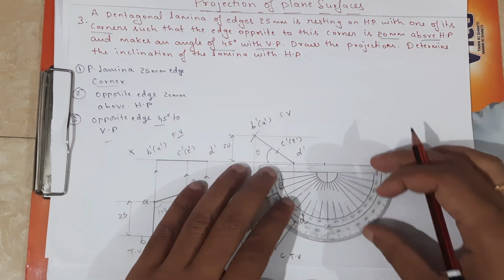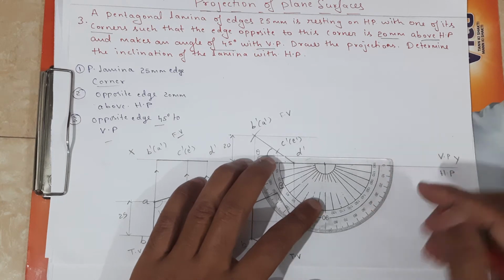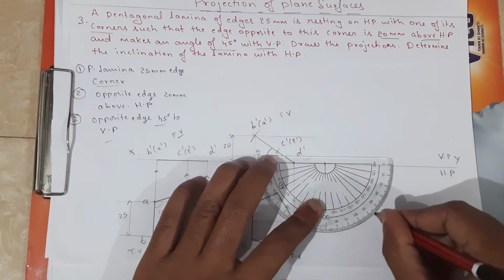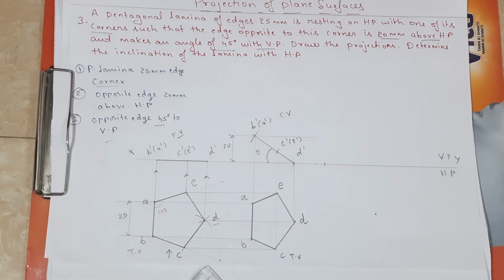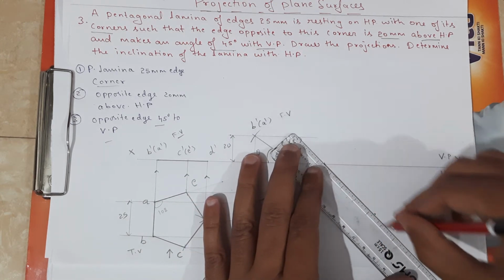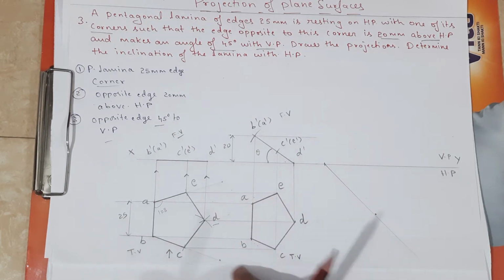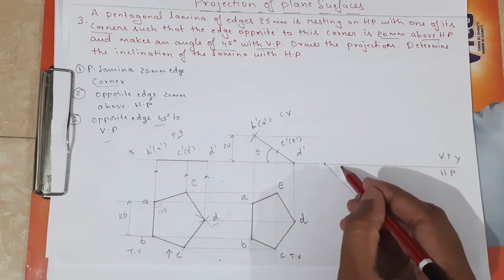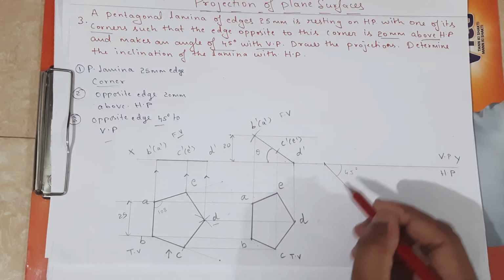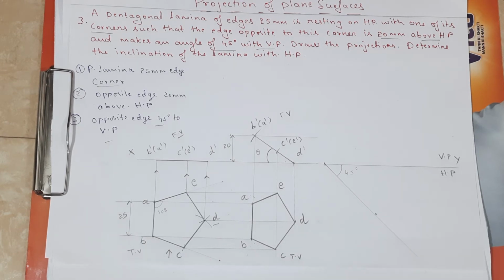From this reference point I am going to draw a line which is inclined at an angle of 45 degrees. Now I need to shift this pentagon on this 45 degree line in such a way that this edge AB is on this 45 degree line.